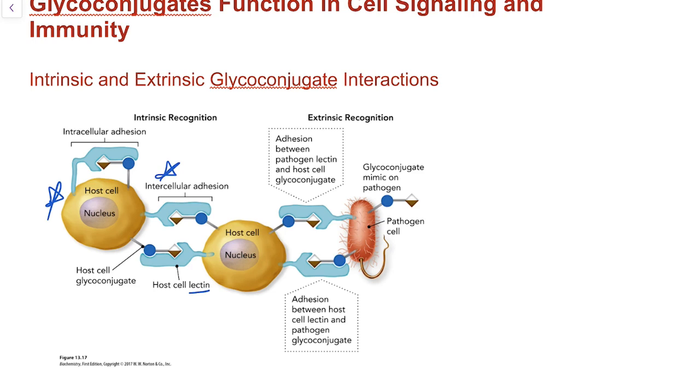Extrinsic recognition events are going to be between two cells from different organisms. Here you have adhesion as an example between a lectin from a pathogen and a host cell. So for example, a pathogen cell that has carbohydrates coming off of it that can be recognized by lectins from the host cell, or vice versa, where the host cell's carbohydrates can be recognized by a carbohydrate binding lectin protein.